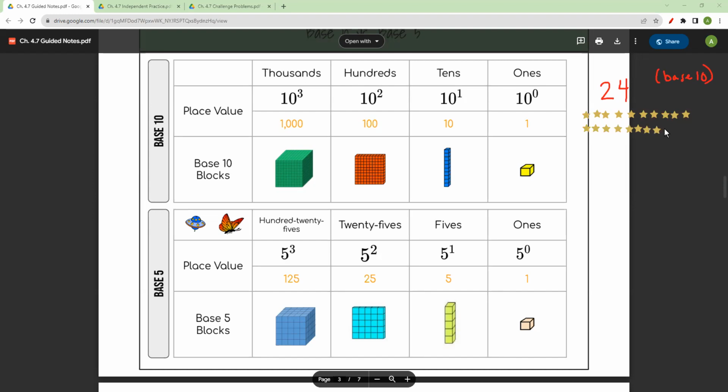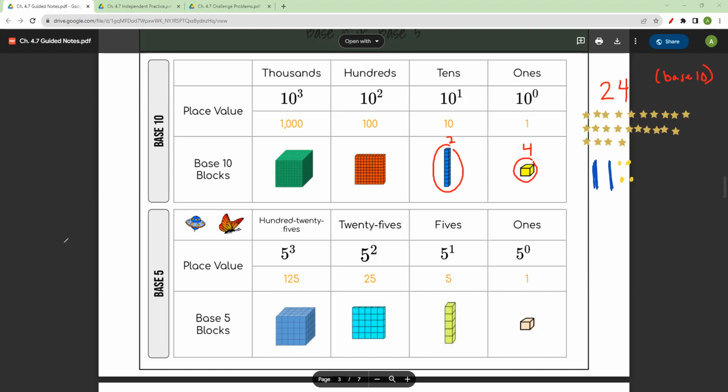So what does that mean to me? That means we have a 4 and a 2. That means we have 2 of these and 4 of these. So we have 2 10 sticks and 4 of these cubes. If we count them all up, we have 24 altogether.